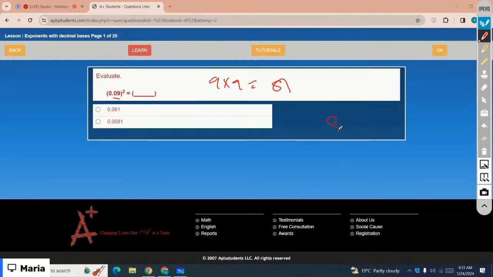The answer must have four decimal places. Move four places back. 1, 2, 3, 4. So when you move, it would be from here to here. 0.0081 is the correct option. Got it? When multiplying, the decimal places are added. The correct option is option number 2.